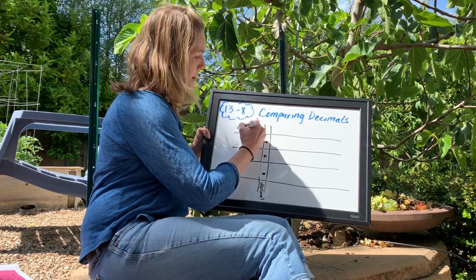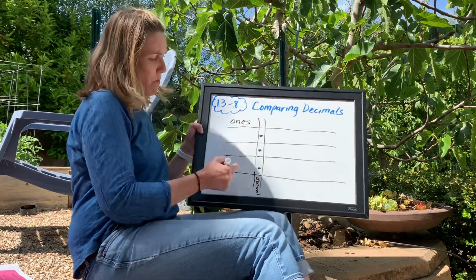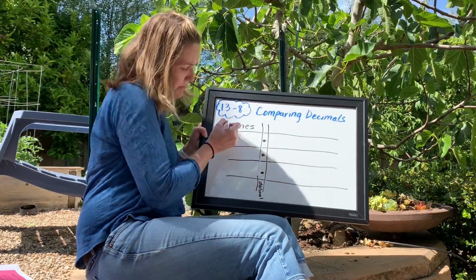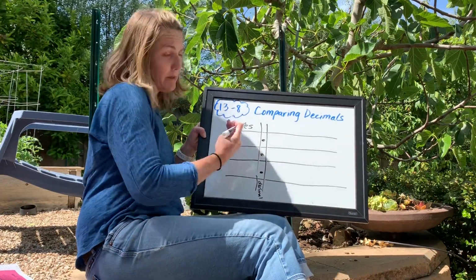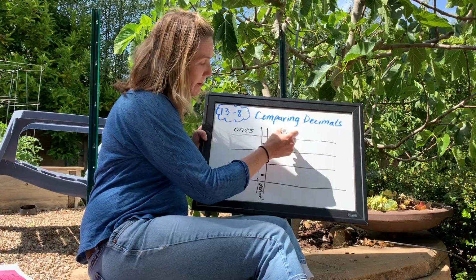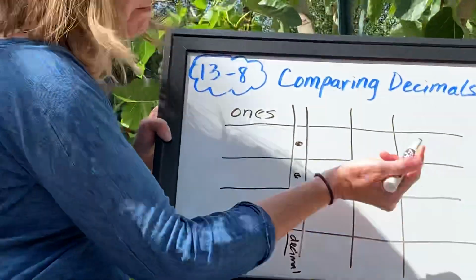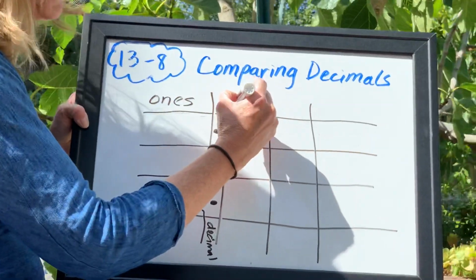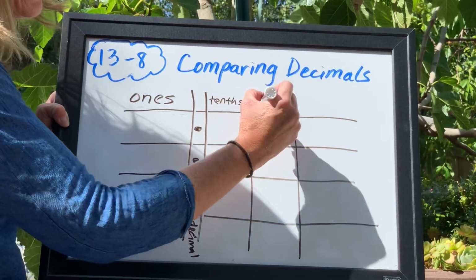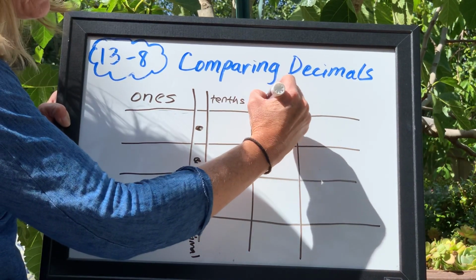They'll say ones over here. If they were doing more, they would probably put a line here and do tens or hundreds, and they'll divide it up like this a couple of times. I don't think you're going to go over here, but I could be wrong. So they label this as tenths and this as hundredths.